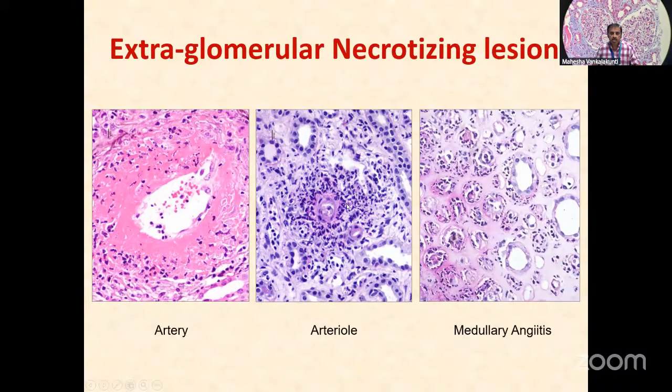You can see that these neutrophils are adhering to this vessel at the periphery. In the medullary region, I'll come to this picture in the later slides. So this is a medullary tubule surrounded by the vasa recta, and the neutrophils are causing damage to the endothelium of this vasa recta.